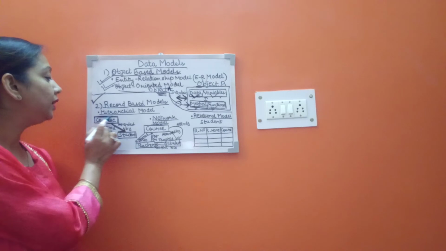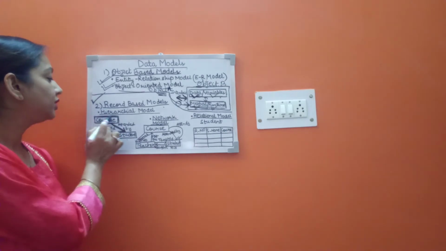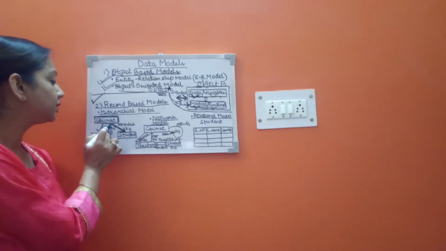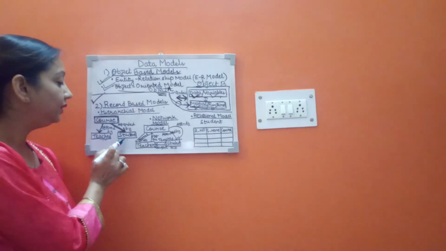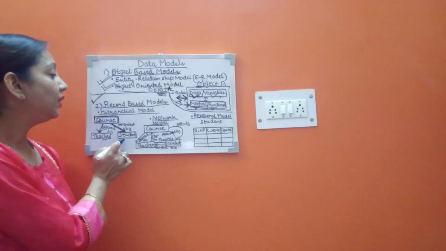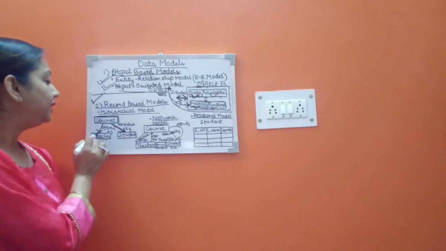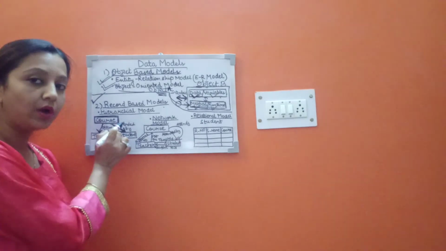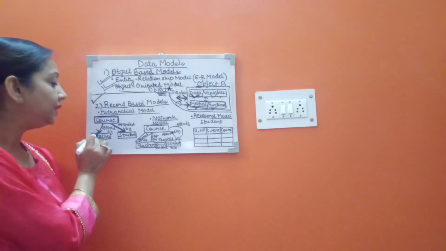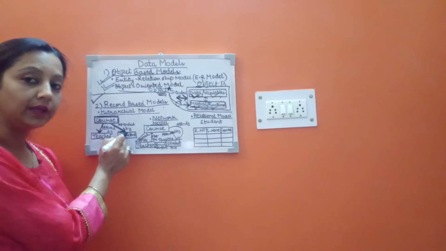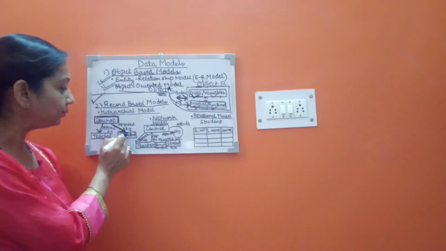So the three different records in a college database would be the course, the teacher, and the student. Now in the hierarchical model, the course record is the parent node, and the teacher and the student records are the children nodes.